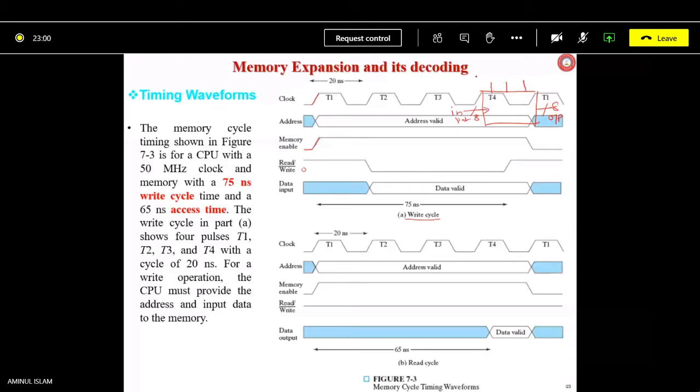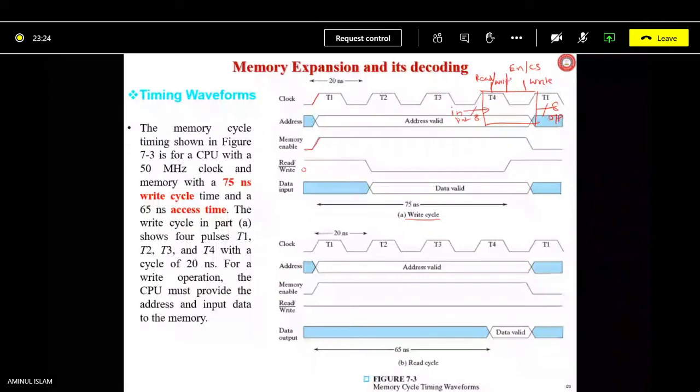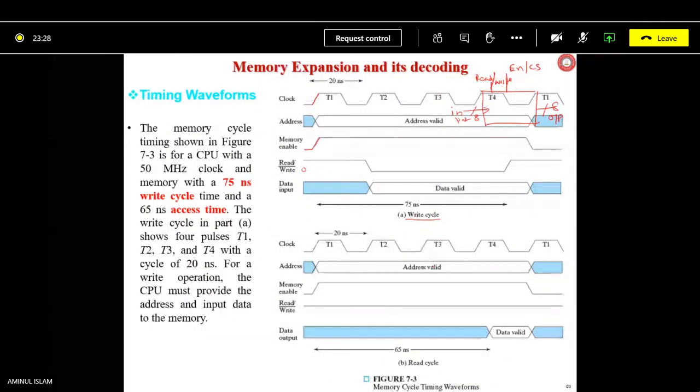In one of the diagrams I showed the read control and write control, and another is enable, the enable or CS, chip select line. These are the things we have discussed. Three controls, or it can be one only. If you use read write bar, then only one is good enough. Both are not required. So we have understood that.